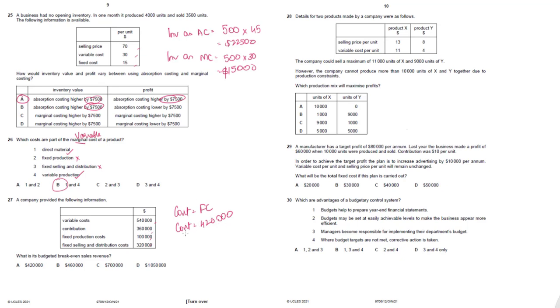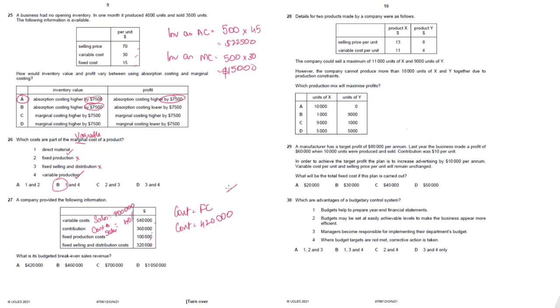Now that's one part of the question. Apart from this, we also need the contribution to sales ratio of this product. If contribution is 360,000 when variable cost is 540,000, so for this combination the sales is going to be 900,000. So how much is contribution to sales ratio? 360,000 divided by 900,000 into 100, 40%.